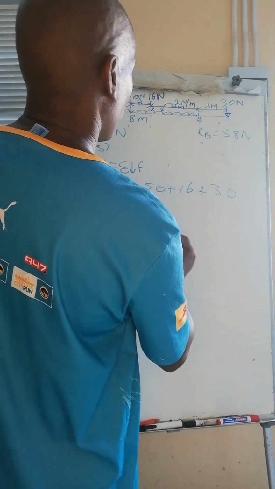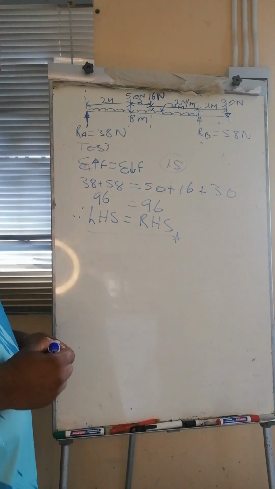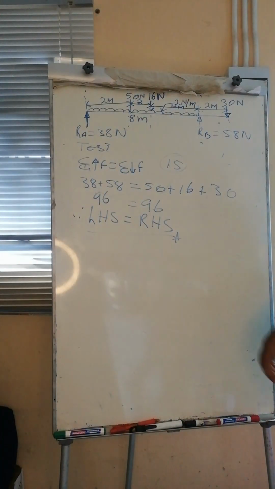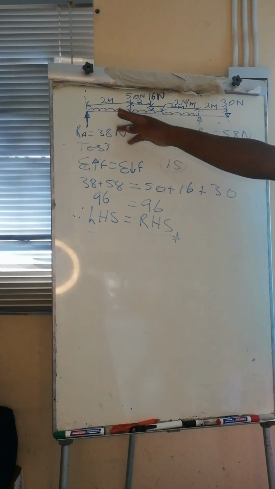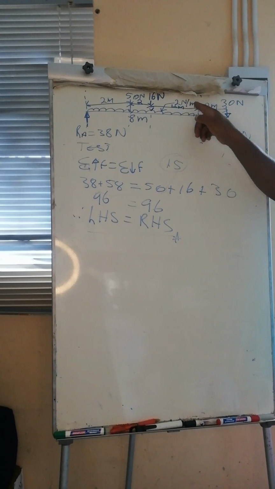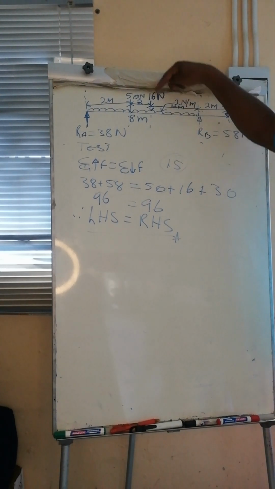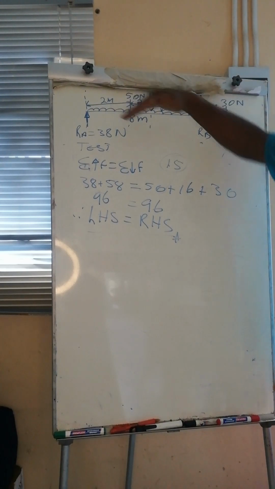And you got your full marks. This might probably be 15 marks. The cache here, guys, is very, very, very important. The cache here is a uniformly distributed load of 2 Newton per meter. That should be multiplied by 8, and it should act at the center of 8.